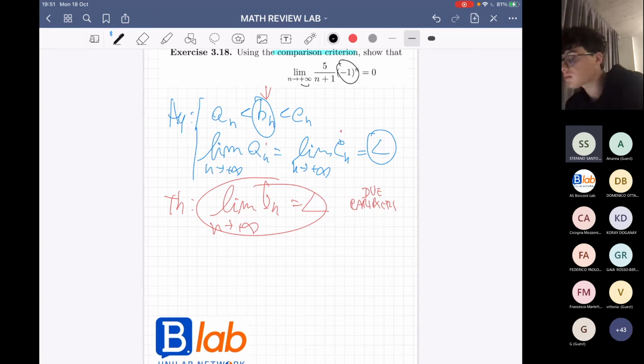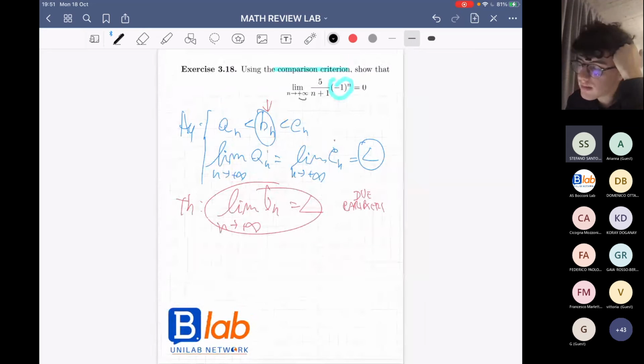So what can we do? We can consider exactly the function -1 to the power of n, because that's the only thing we can actually do with this function. How can we deal with it?